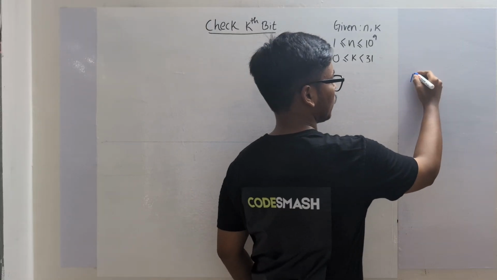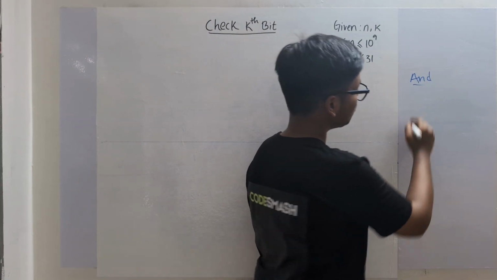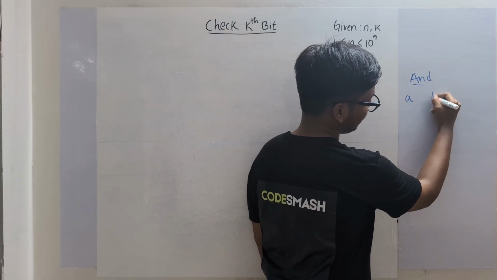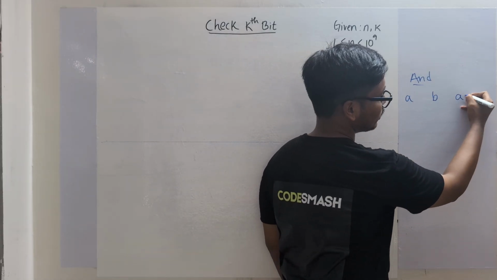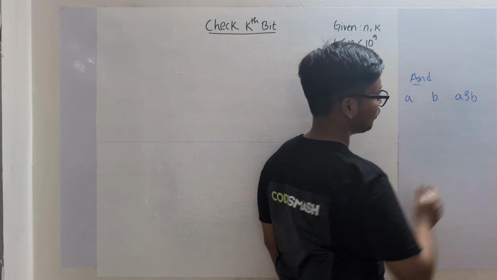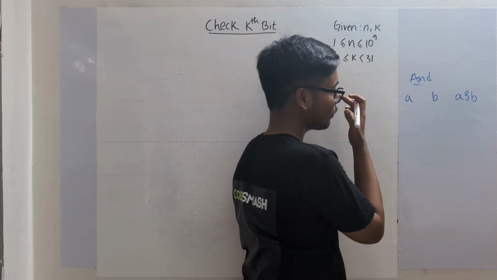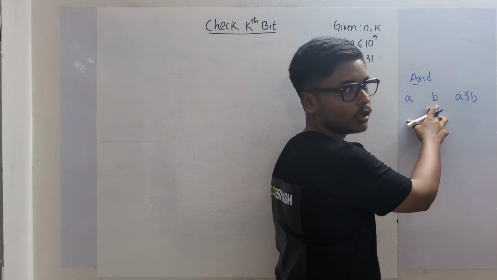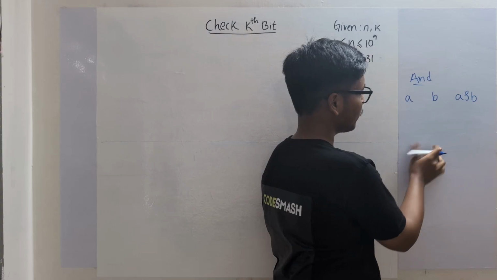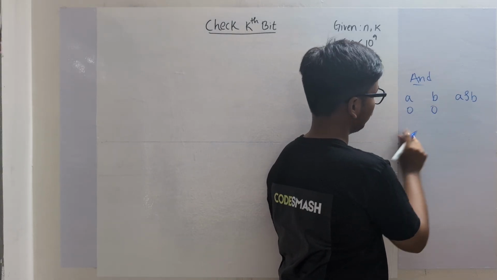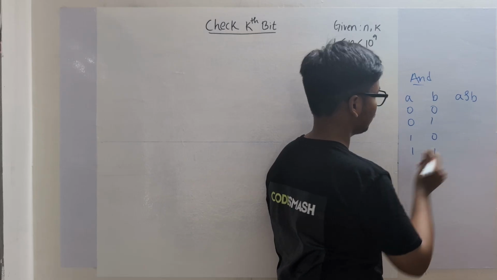If they have given 2 bits A and B, the AND operation between A and B is denoted like this: A and B. So the possible values of A are 0 and 1, and the possible values of B are 0 and 1. So now I will write all the possible values of A and B here: 0, 0, 0, 1, 1, 0, 1, 1.